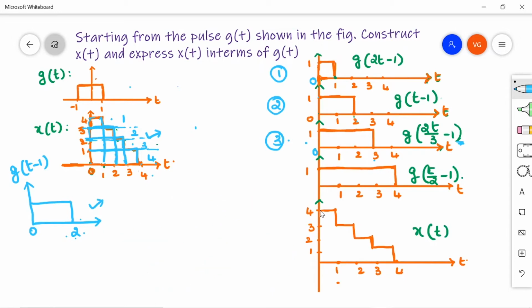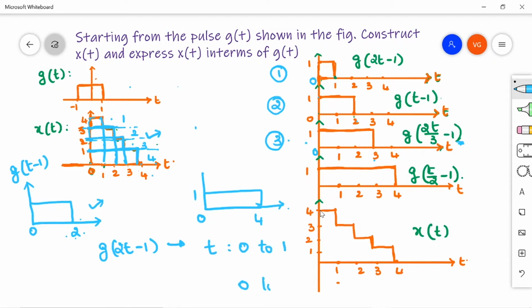Moving to the fourth layer, this is the fourth layer that you have with an amplitude of 1. Time scale is from 0 to 4. So taking the base signal as g of 2t minus 1, which has the range for t from 0 to 1, now I need it for 0 to 4, meaning I am just multiplying the time range by 4.